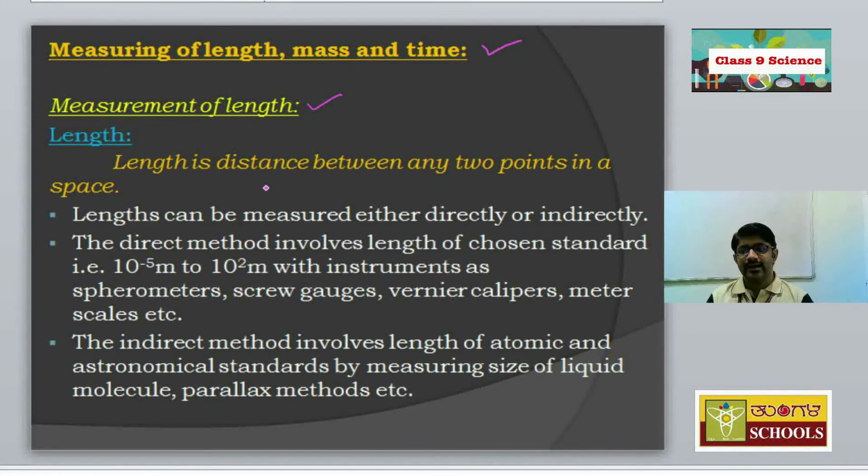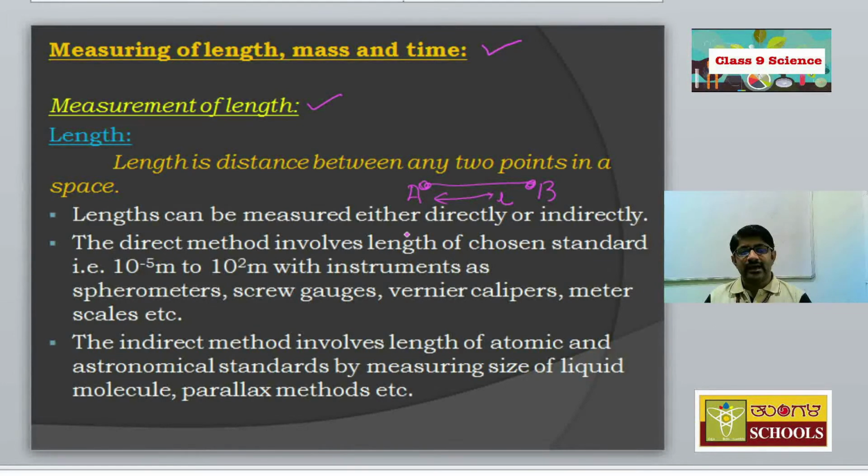We already know that from our previous understanding. Say in this case AB is nothing but length.